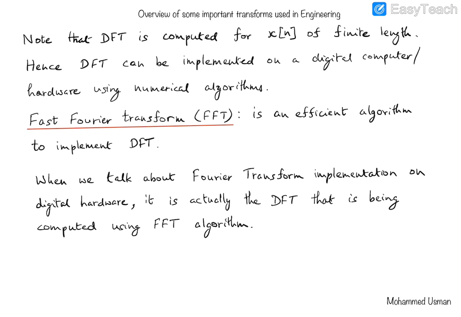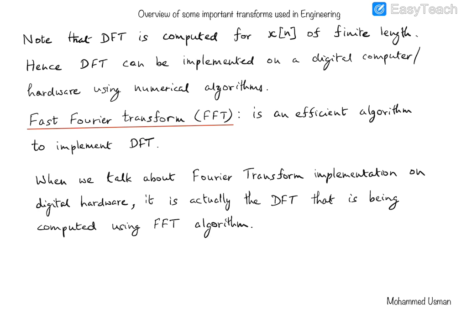And when we restrict the Laplace transform to lie along the imaginary axis, which is the j omega axis, we get the Fourier transform. Next, we saw that the Z-transform is nothing but the Laplace transform of a discretized version of the signal x(t).